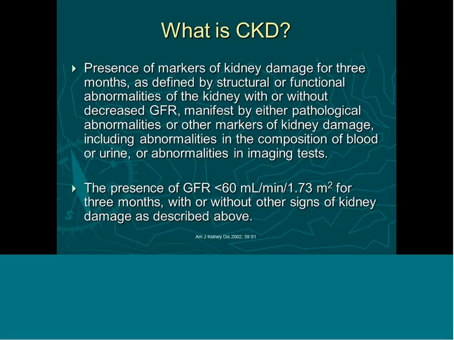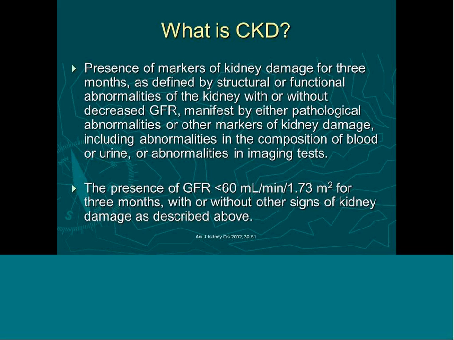If you have proteinuria for more than 3 months, or an ultrasound of your kidneys shows that you have echogenic kidneys, or findings suggestive of polycystic kidney disease, that puts you into the definite kidney disease category.